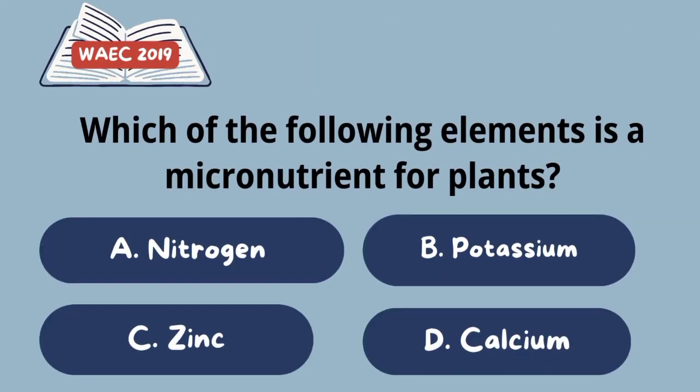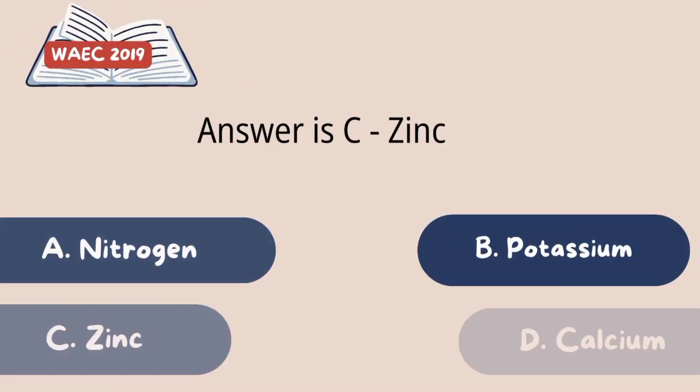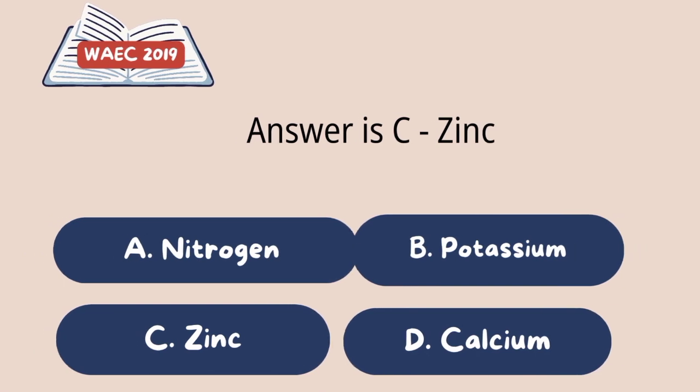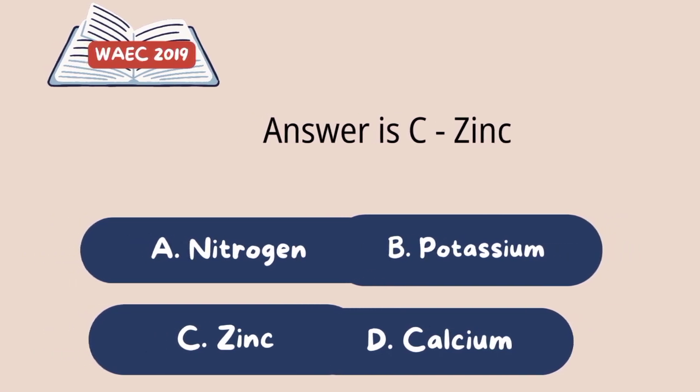Now let's look at a question from WAEC 2019. Which of the following elements is a micronutrient for plants? A. Nitrogen, B. Potassium, C. Zinc, and D. Calcium. Think about your answer. The correct answer is option C, zinc.